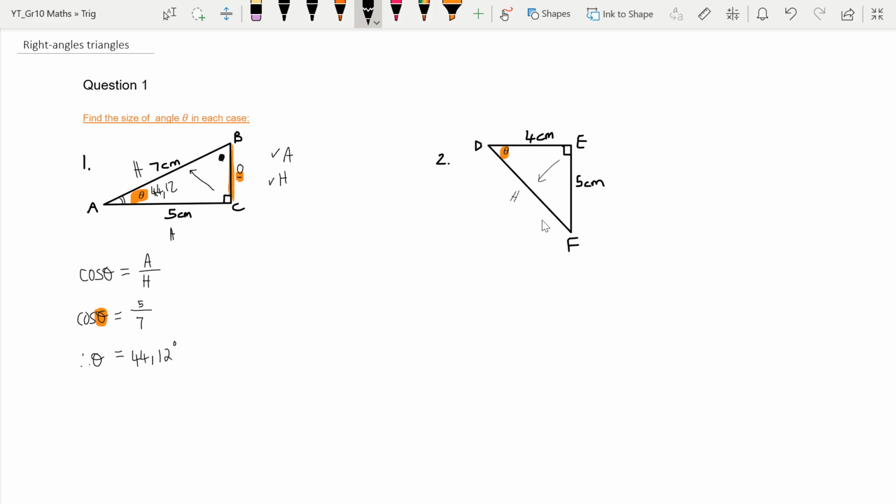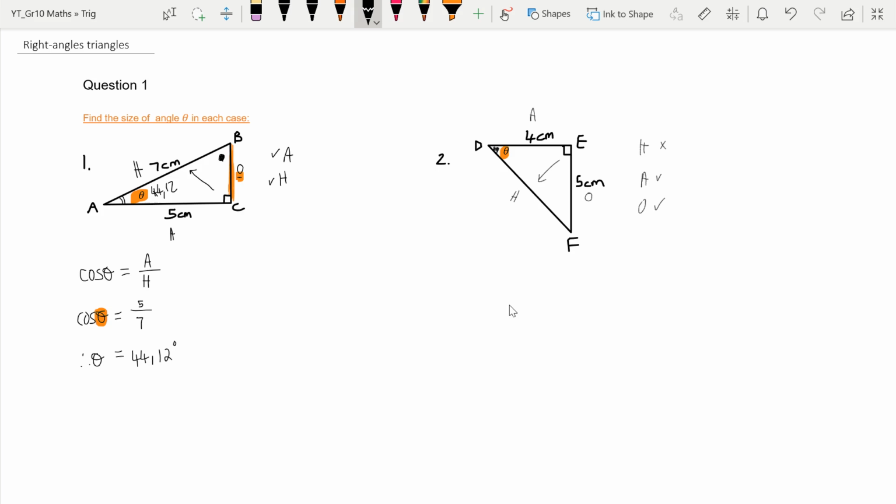We don't want that, so we're not going to bring that into our equation. If we are there at angle D, this would be our adjacent side, and this one would be our opposite. It is opposite angle D. In other words, we don't have the hypotenuse, we do have the adjacent, and we do have our opposite. So those are the two that we need to use.